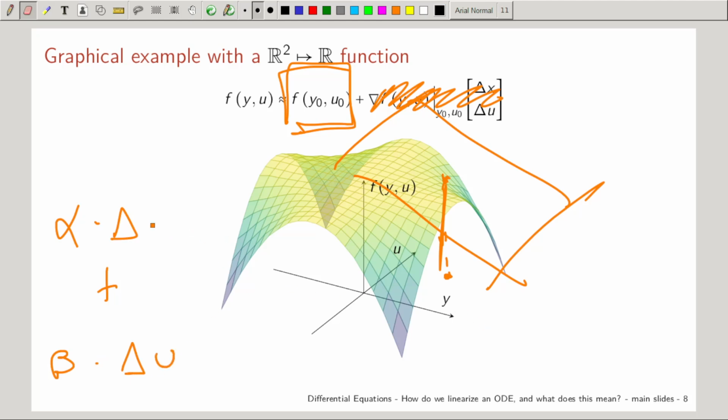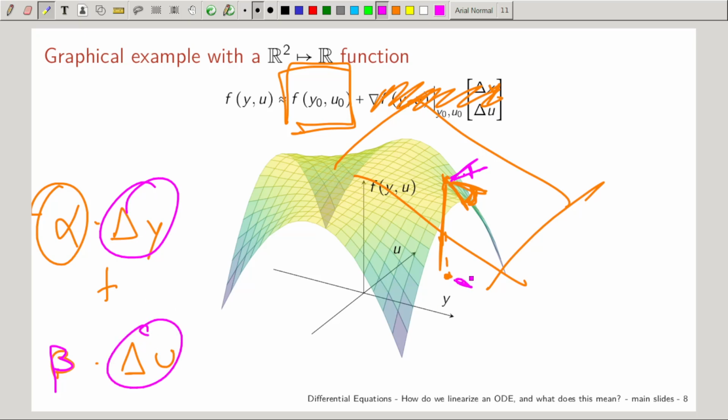I do not know why I've got x, there's a typo here. This alpha would be what? The derivative, this angle here, the derivative with respect to y. This beta would be what? This angle here. Together. And of course, we take delta y and delta u. We are together on this, true? We remember this stuff. Perfect.